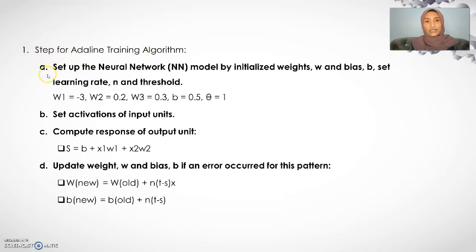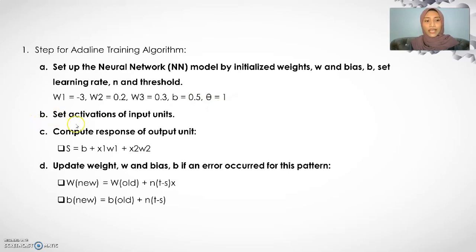The first step is to set up the neural network model by initializing weights and bias, and setting the learning rate and threshold. So we set W1 equal to -3, W2 equal to 0.2, W3 equal to 0.3, B equal to 0.5 and theta equal to 1.